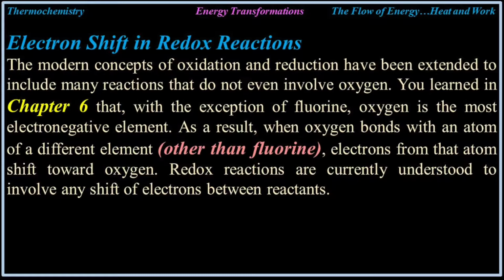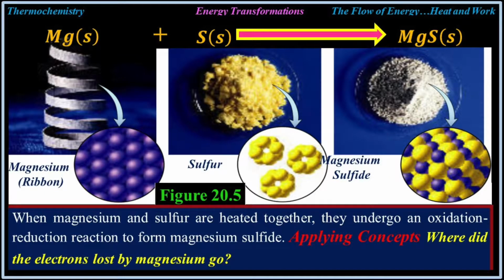As a result, when oxygen bonds with an atom of a different element other than fluorine, electrons from that atom shift towards oxygen. Redox reactions are currently understood to involve any shift of electrons between reactants. When magnesium and sulfur are heated together, they undergo an oxidation-reduction reaction to form magnesium sulfide.